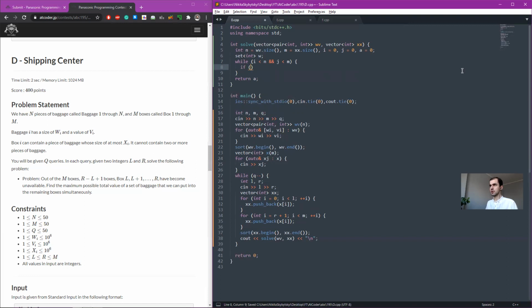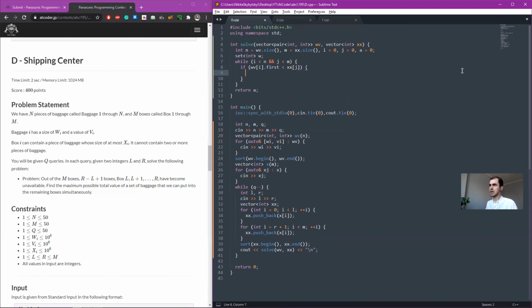Then we have several conditions. If the first is smaller than xxj, values can be the same, right?